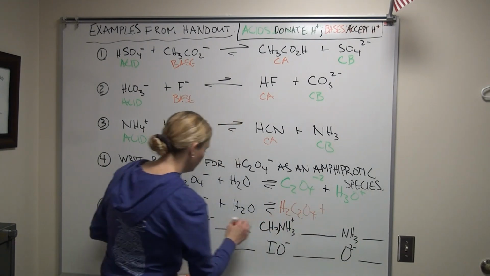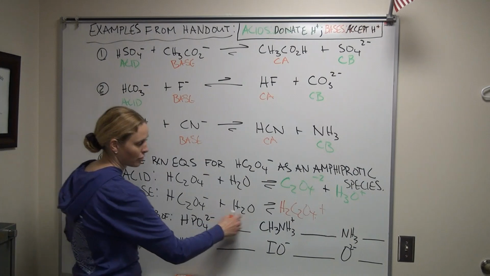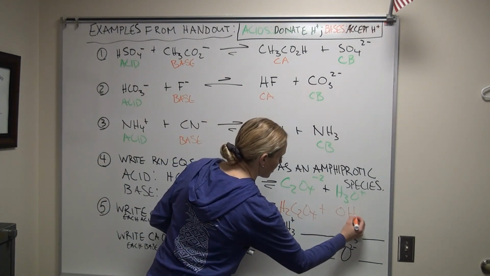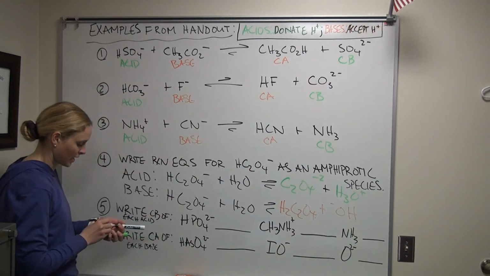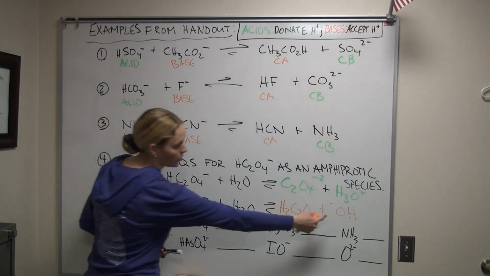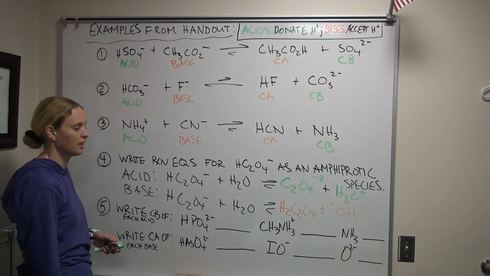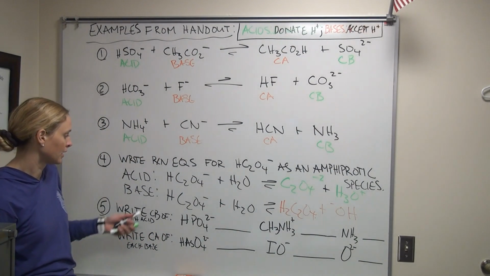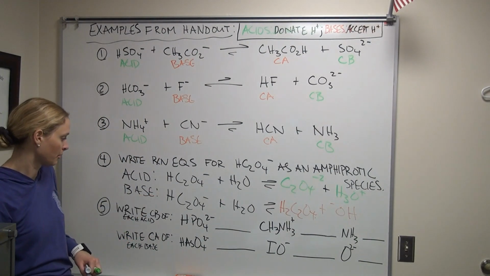And what's left over, it took a hydrogen from the water, so now we have hydroxide ion. So again, the Arrhenius definition of a base is forms OH- ions in aqueous solution. And so that's what that does when it acts as a base.